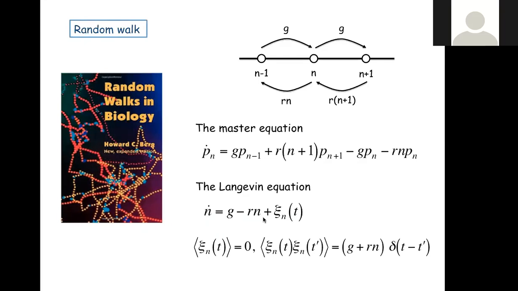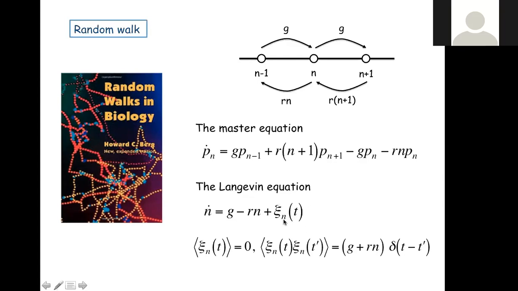Now why is this xi n coming in? It comes in because of this random walk nature. The particle is diffusing inside the cell in a completely random manner. To consider this randomness, we have brought in this function xi n.